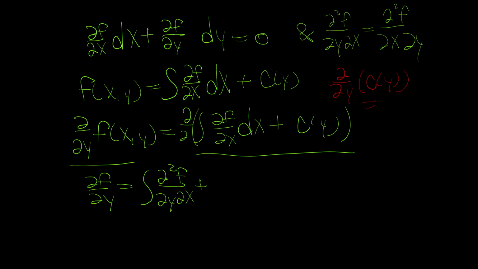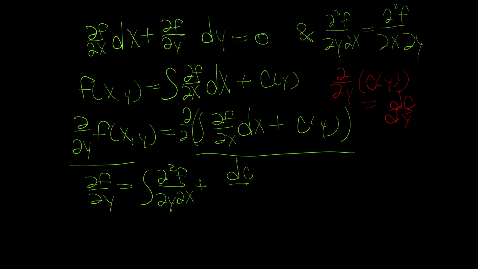That's just going to be dc dy. C of y is just a single variable function, so that's just the derivative of c with respect to y. So we're just adding dc dy.